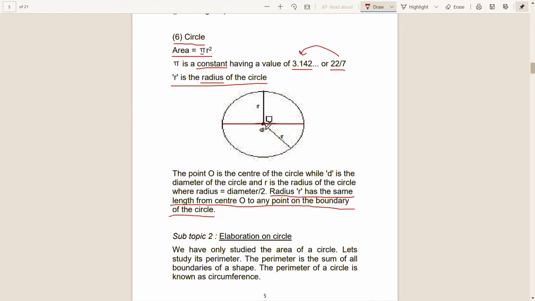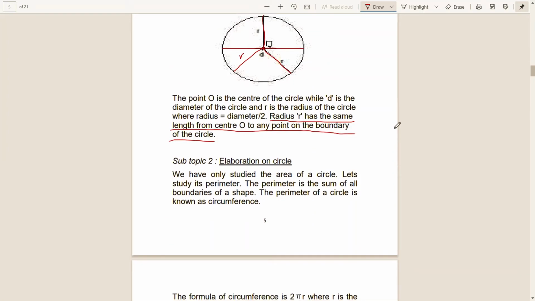For example, if we stretch a line, if we make a line from center O till this boundary of the circle, it's R. If you make a line from this point O to this point on the boundary of the circle, this is also R. If we draw from here till here, this line will also be R, right? So we are done with subtopic 1 of mensuration.